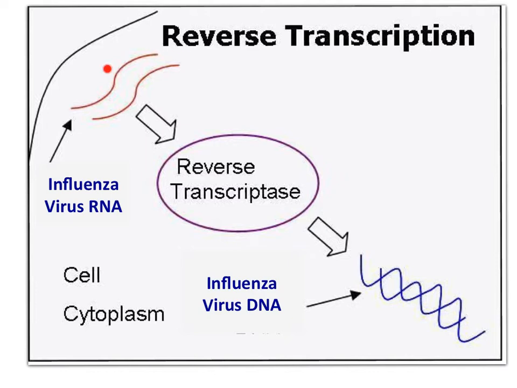Remember that retrovirus RNA is copied into DNA by the enzyme reverse transcriptase. This reverse transcription happens in the cytoplasm of the infected cell, the host cell.